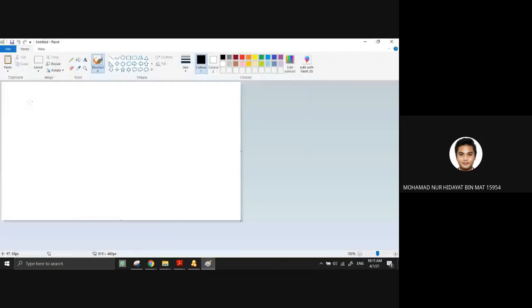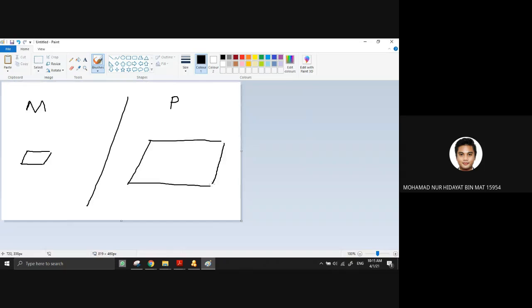Okay, this is your model and this is your prototype. Say you try to design the keyboard. This is your model, and this is your prototype. This is the length of the model, and this is the length of the prototype.